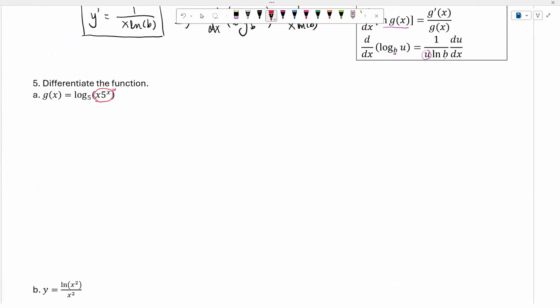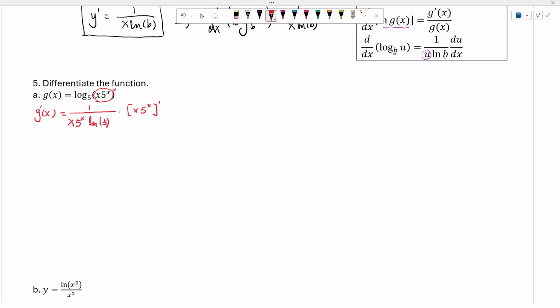So if I want to work with g prime of x, then it will be 1 over x times 5 to the x natural log of 5, and we need to multiply by u prime, which means we need to take the derivative of x times 5 to the x, the inner function.